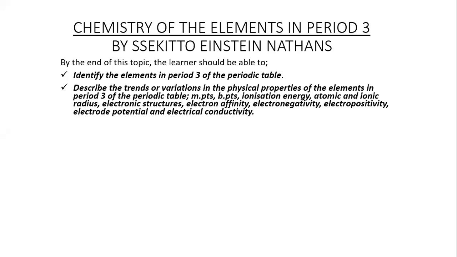When you speak about physical properties, you should note the melting points, the boiling points, ionization energies, atomic and ionic radii, electronic structures, the electron affinity, electronegativity, electropositivity, electrode potential, and electrical conductivity.